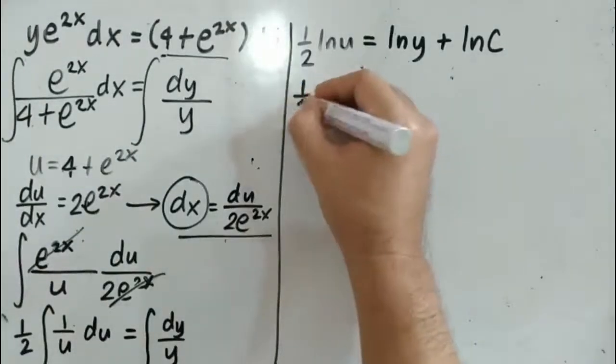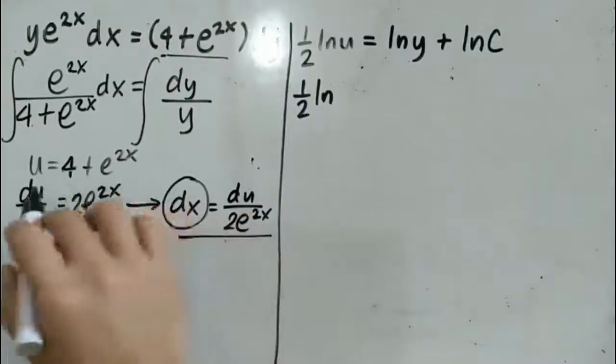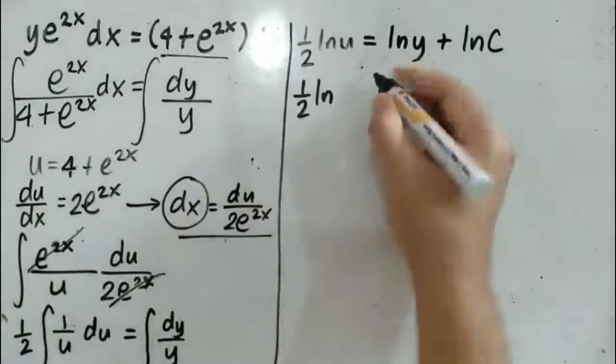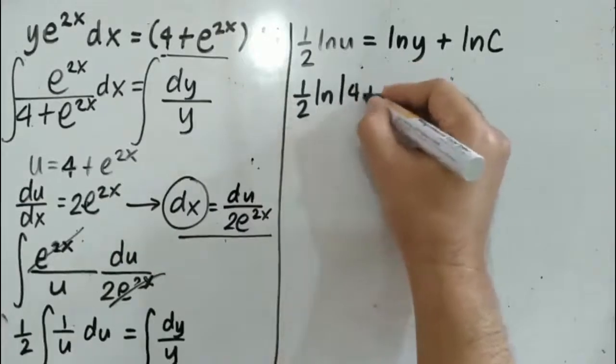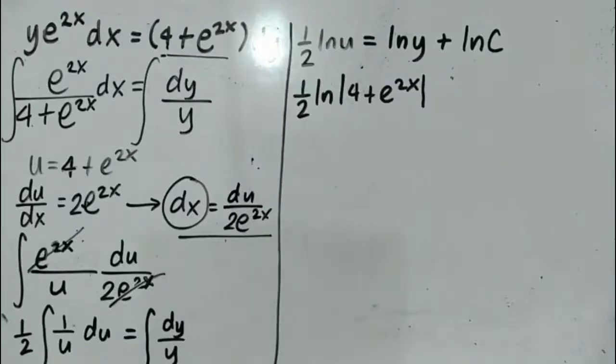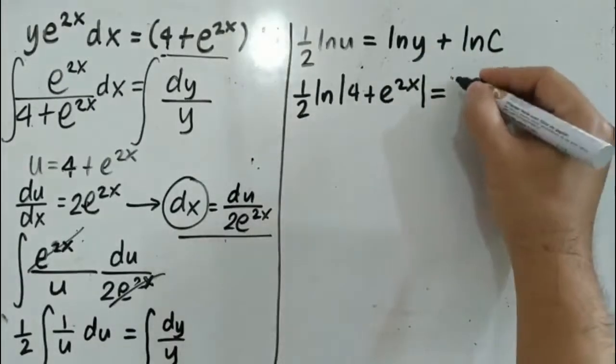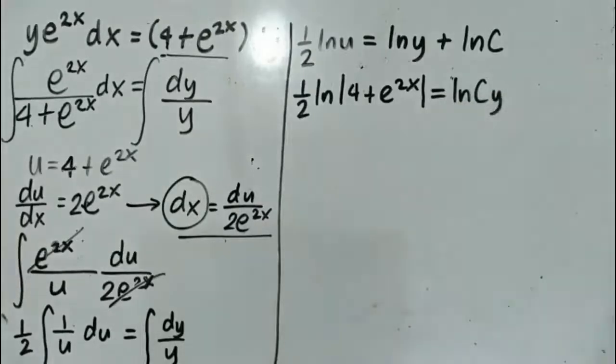So substitute u with 4 plus e to the 2x, because u is equal to 4 plus e to the 2x. 4 plus e to the 2x absolute value, because you cannot take a logarithm of a negative number, equals, applying the rule for logarithms, we have ln of cy. And we simplify, we raise e to both sides so that we would cancel out the natural logarithm.